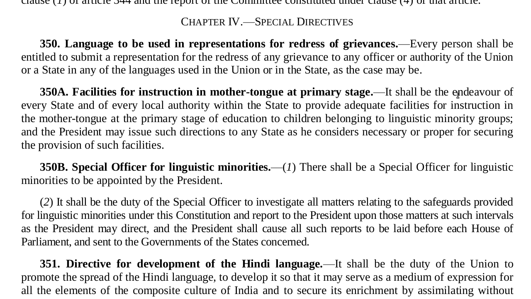It shall be the endeavour of every State and of every local authority within the State to provide adequate facilities for instruction in the mother tongue at the primary stage of education to children belonging to linguistic minority groups, and the President may issue such directions to any State as he considers necessary or proper for securing the provision of such facilities.